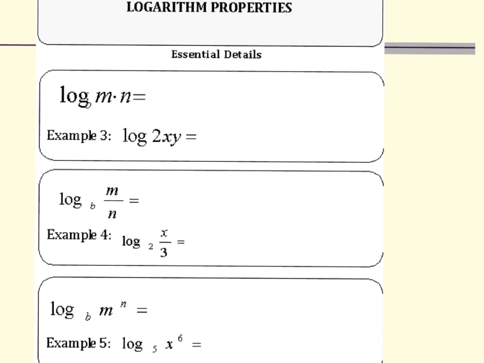Okay, so here's a few logarithm properties, and these will help us in simplifying. When you see a multiply sign between two things, we split it up by turning them into addition. So this would look like log base b of m plus log base b of n.